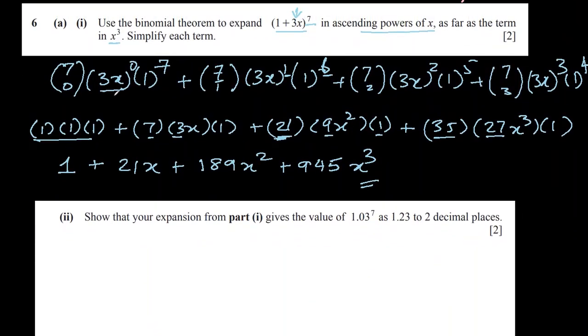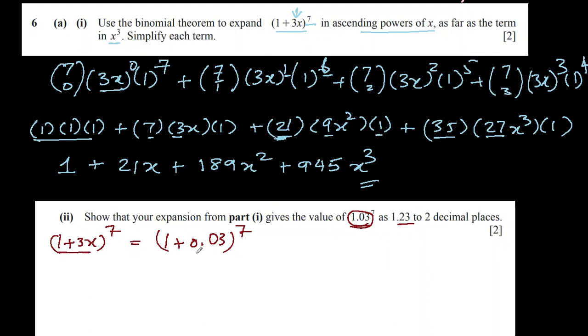Show that the expansion in part 1, which is here, gives the value of this equal to this to 2 decimal places. So we'll substitute, it was 1 plus 3x, right? 1 plus 3x to the power 7. I want to convert it to 1.03 to the power 7. So it will be 1 plus 0.03 to the power 7.